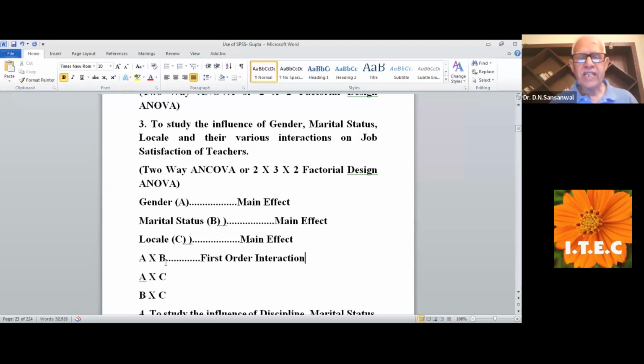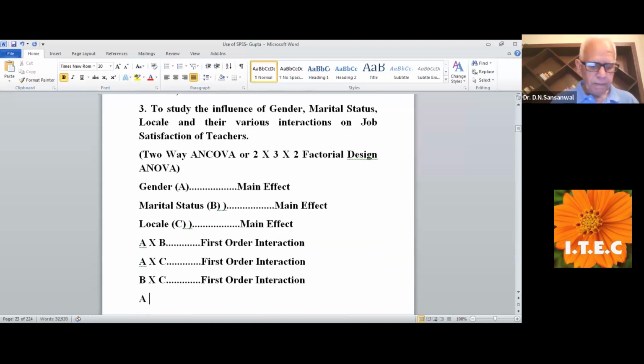All these I have explained in my earlier lectures. I'm not supposed to do it now, but I'm just doing it so that you start understanding it. So this will be A interaction, B interaction, C. This is the second order interaction. So here we have the first order interaction and we have the second order interaction.